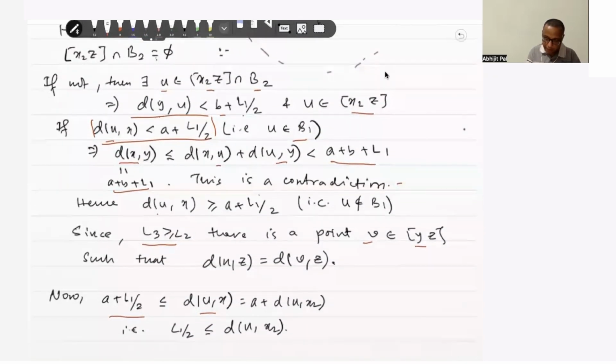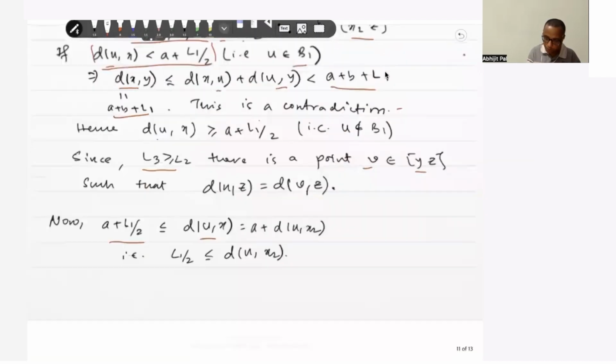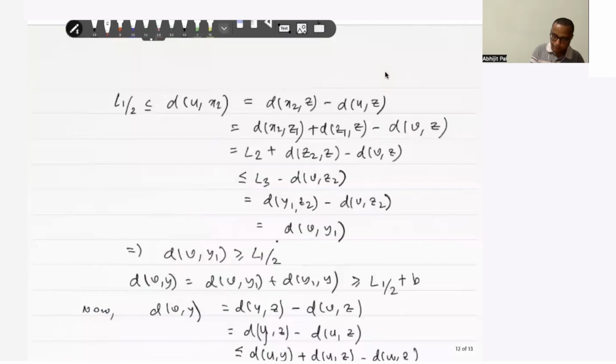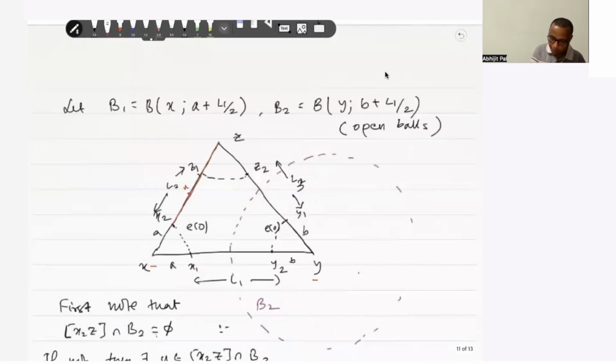Therefore, L1 by 2 is less than or equal to the distance between UX2. And the distance between UX2 is equal to the distance X2Z minus the distance UZ. That is clear from this picture.